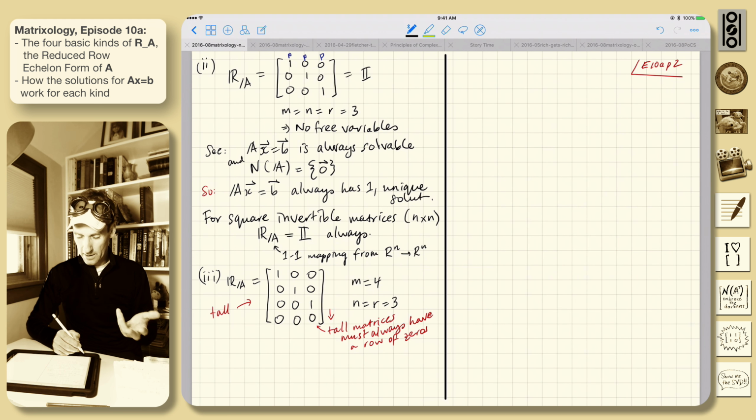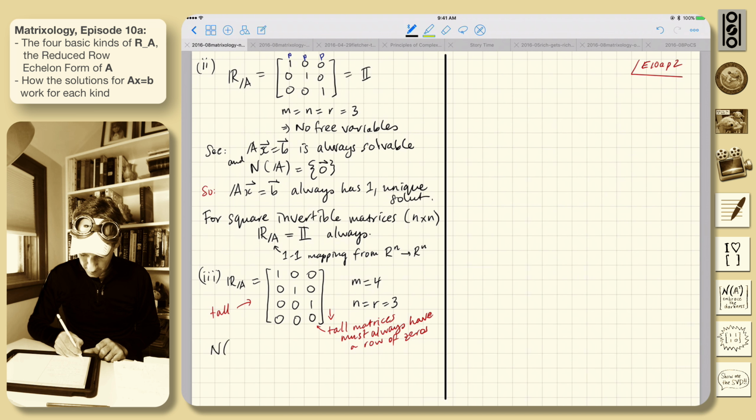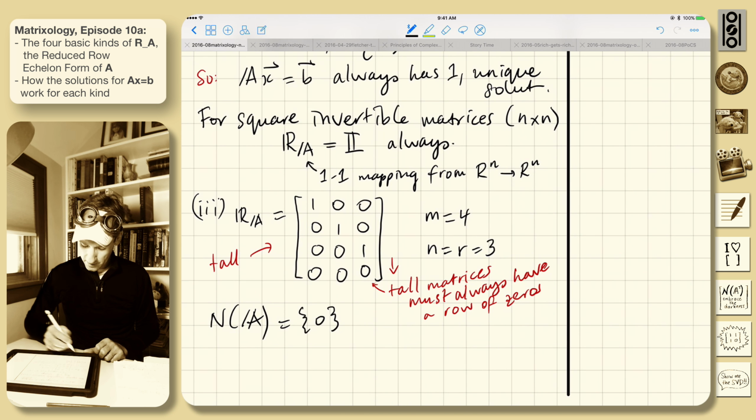So no free variables means there's no null space. Null space equals 0. Okay, so we see this, plus possible no solutions.